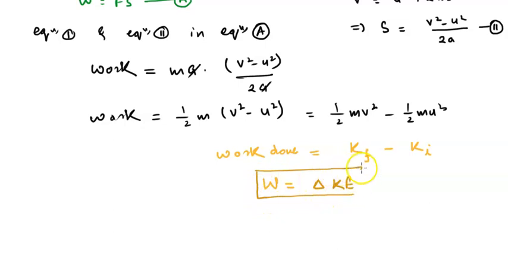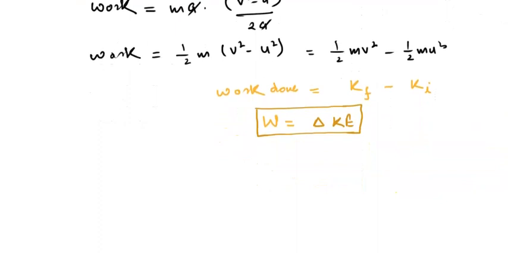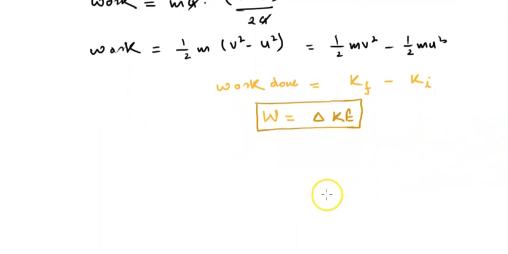Whenever we do work, the kinetic energy will change. But the question must come to your mind: will the kinetic energy increase or decrease? So remember one thing: in the case when KE is increasing, the direction of the force and the direction of displacement will be the same.